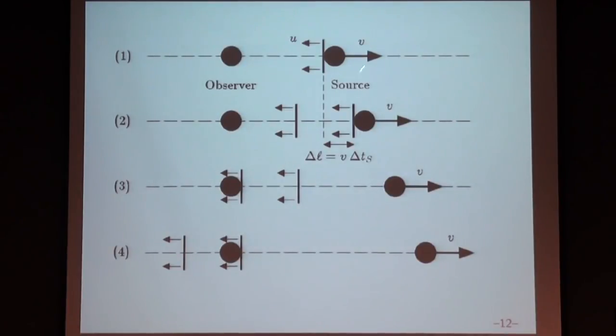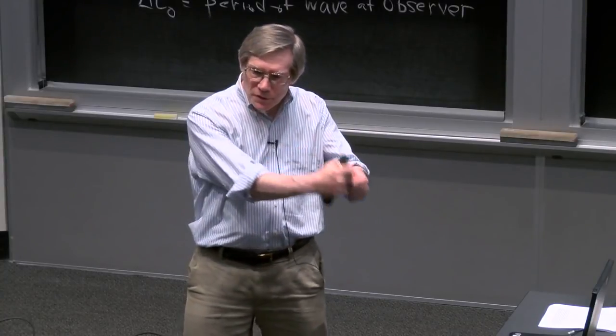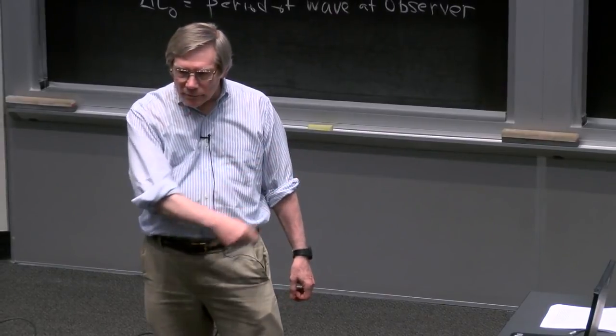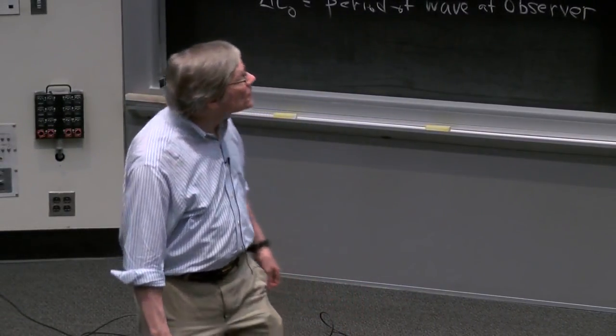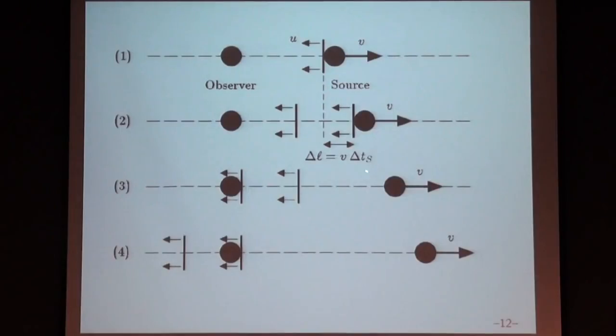And relative to that frame, the source is moving, and therefore the source is emitting a series of pulses. That's a clock. Anything that does anything at regular intervals is a clock. So the source represents a moving clock. And we need to take into account the fact that the source will be running slowly by a factor of gamma. And otherwise, nothing changes. The observer has a clock also, which the observer is going to use to measure the time between the crests.